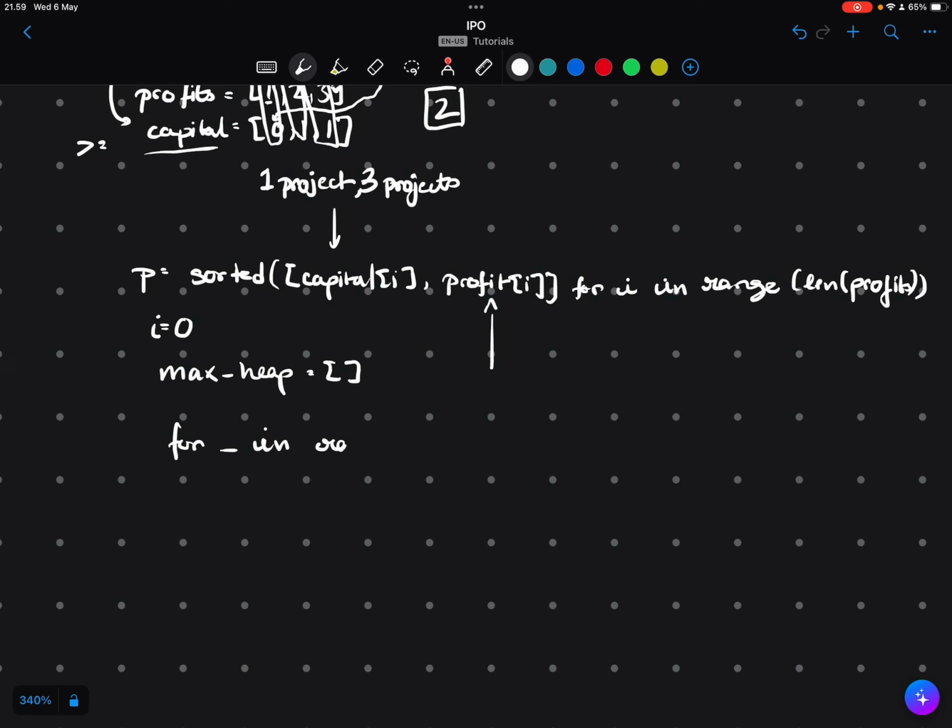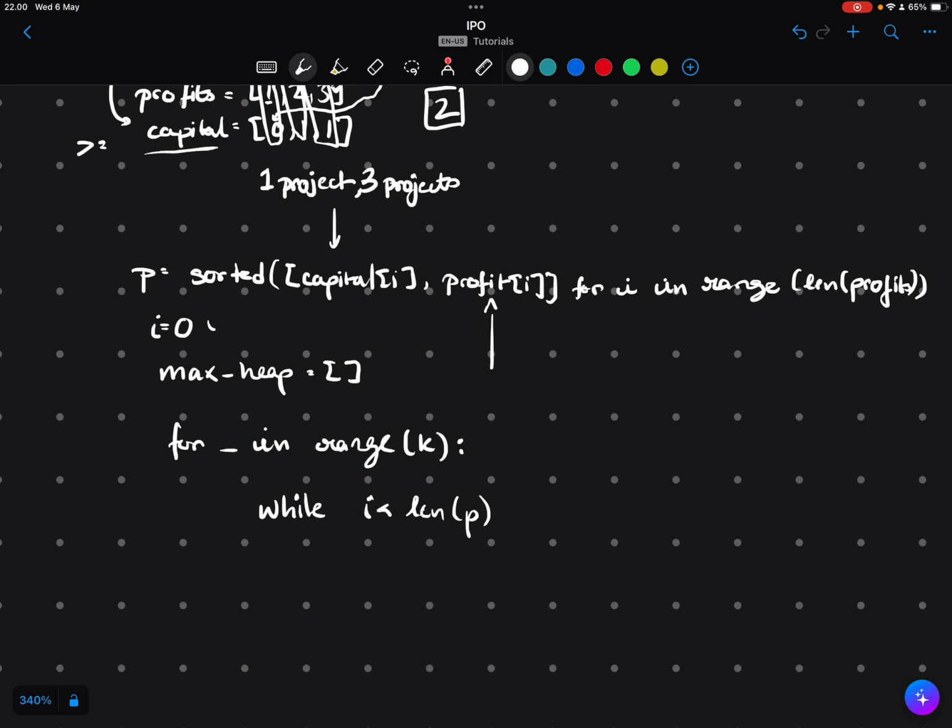We chose 3 instead of 2 because we can only do 2 in this specific example, so we want to maximize within the 2. If we could do 3, then we would pick all 3. But they said only 2, so we would run this loop 2 times in the first example, or k times essentially. That's how many projects we would do.